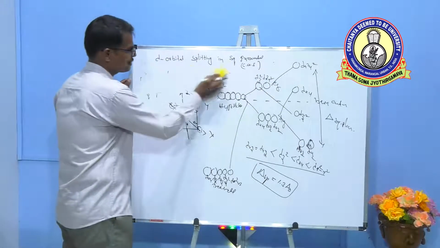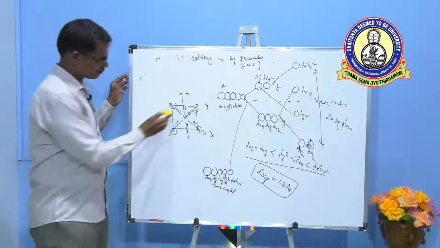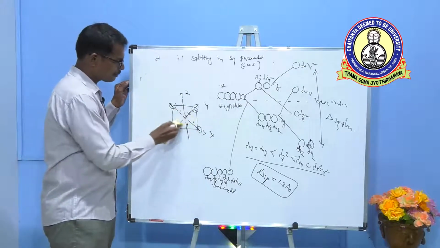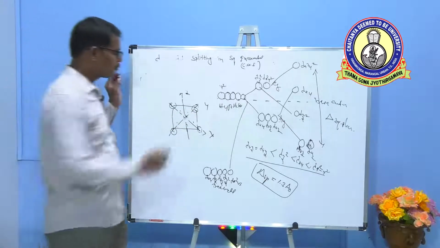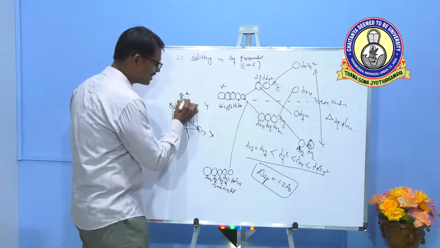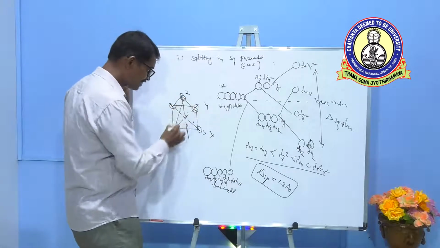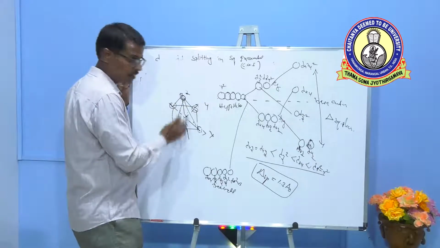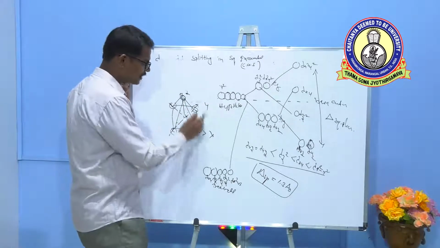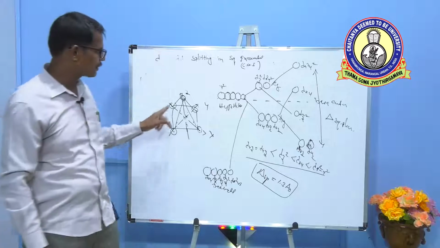So here in square pyramidal, the 4 ligands are present along XY axis and 1 ligand is present along the Z axis, and this is square pyramidal. This is pyramidal type. If there is no ligand, it is planar. So one more ligand is present along the Z axis, it is square pyramidal in geometry.